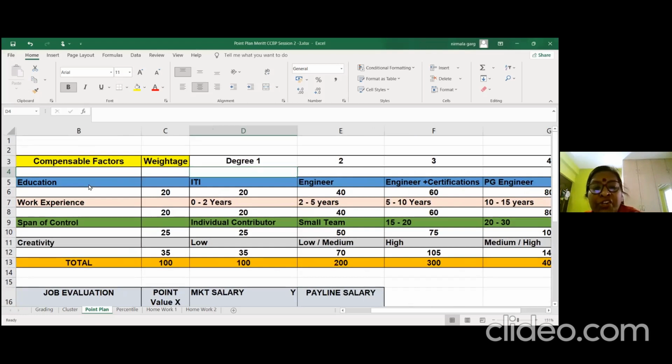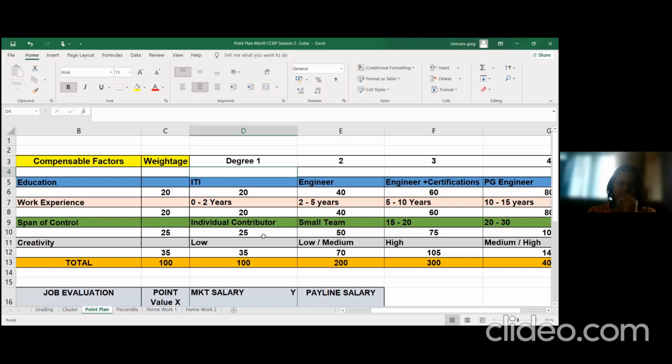I will apportion the amount of work experience I need. If it is 2 to 5 years, what will I apportion? 40. So for 2 to 5 years, I will apportion 40 points.